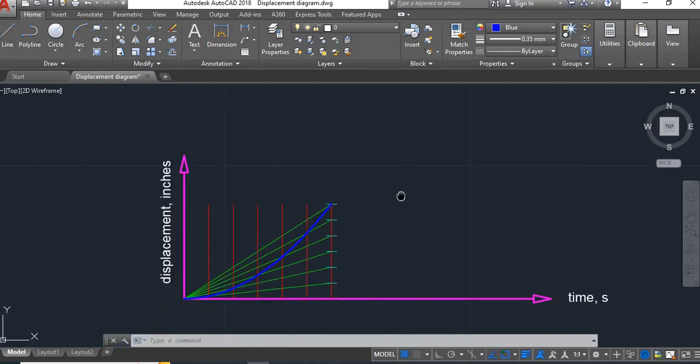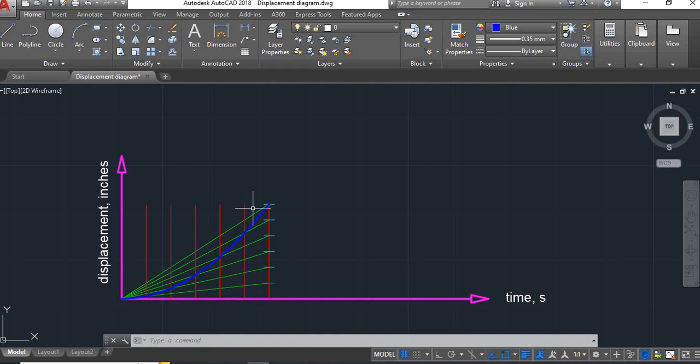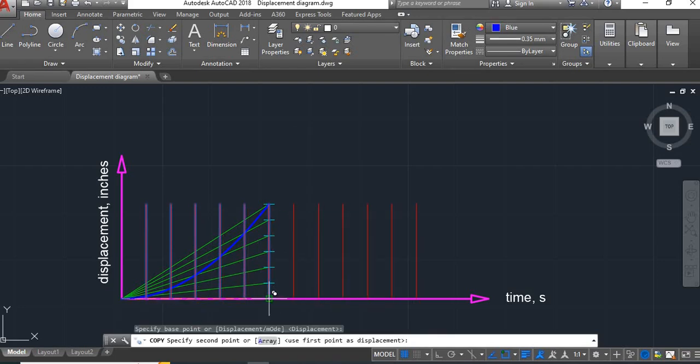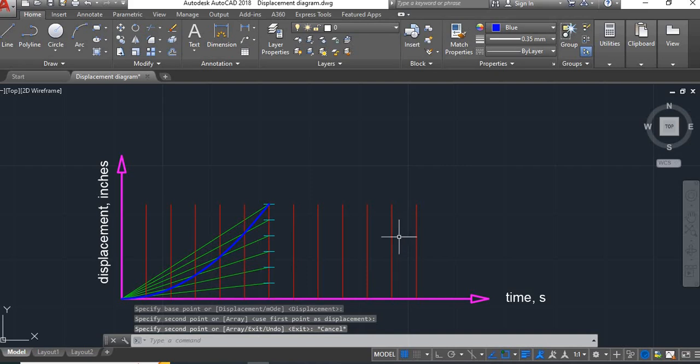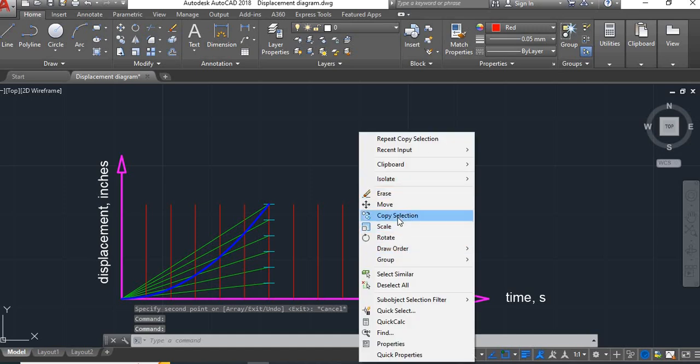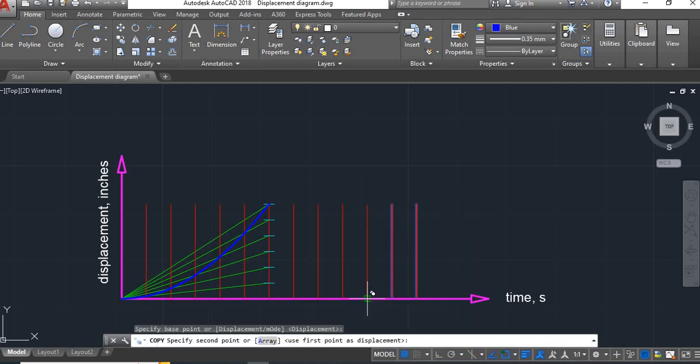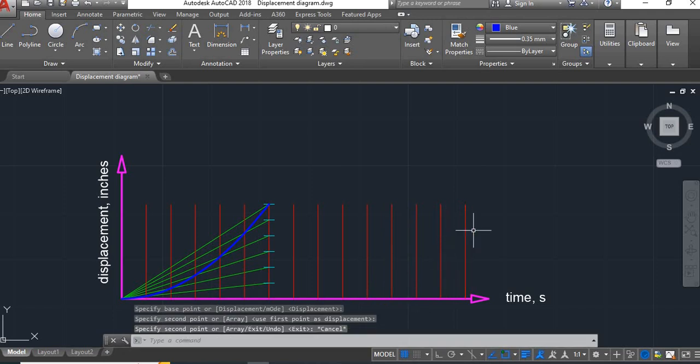Okay, so we will draw another vertical line. So we copy this one. We have 6, so we add 2 more because the time for the rise is 8 seconds.